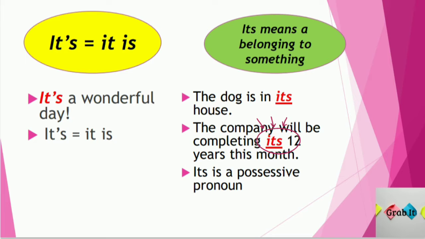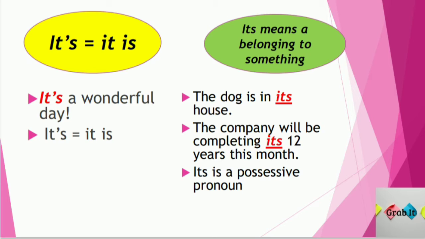Hence we're using its without an apostrophe. Here we can't use it's with an apostrophe because then it will become it is, and the meaning that will come out will be the company will be completing it is 12 years this month, which will be wrong. Here it is has no use, hence we can't use it's with an apostrophe here.